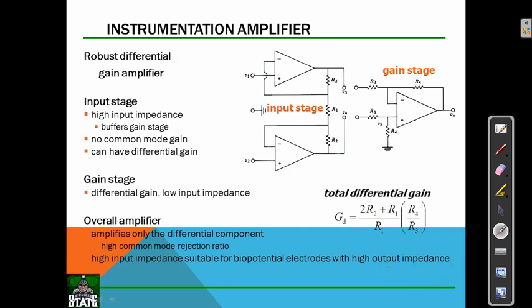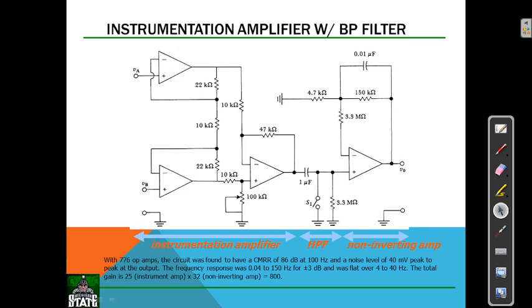The formula for the total differential gain is GD equals (2R2 plus R1) divided by R1, times R4 divided by R3. The instrumentation amplifier can be with a buffer filter. Before it, there is no buffer filter.